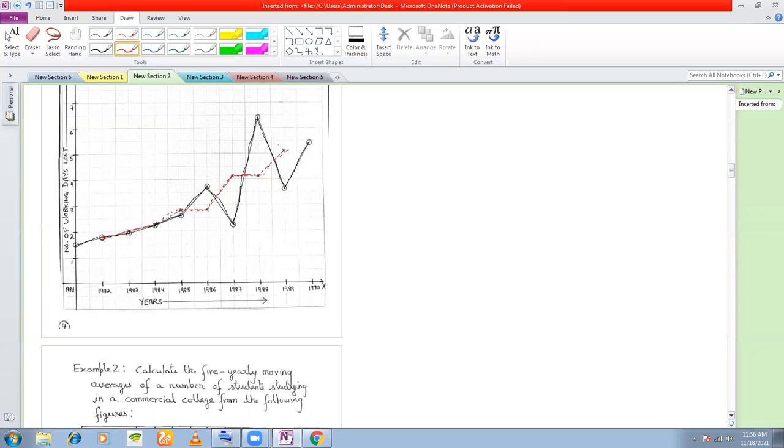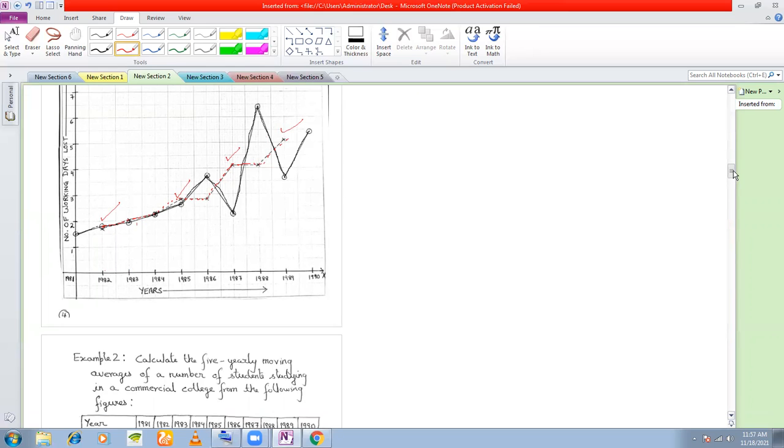Now the question is, what is the trend here? If you see, we had started with a very low value here, and gradually the values are increasing. So this is what we call an increasing trend, which means that the number of working days lost over the years have increased, right? Clear?